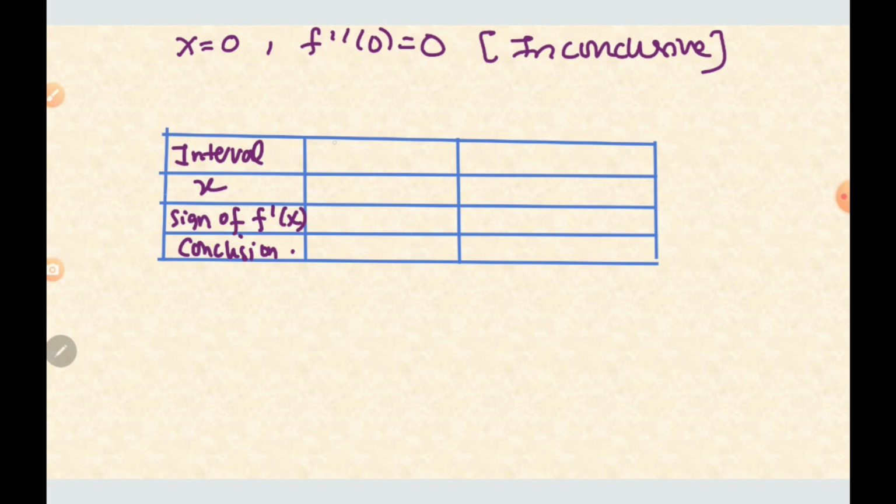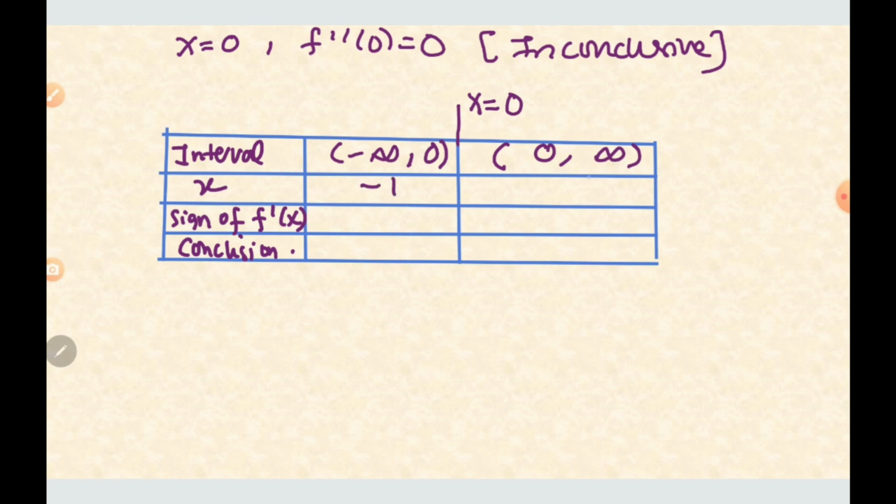Then from negative infinity to infinity, you have to check the line here. The line represents the critical number, that is x equals 0. So negative infinity to 0 and continue 0 to infinity. Then you will get the value for x, let's say, negative 1.